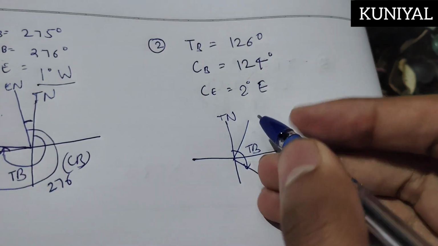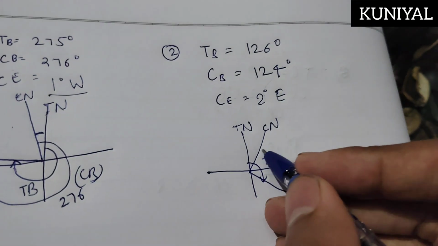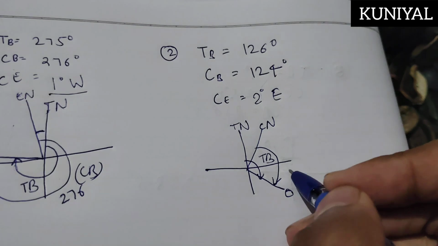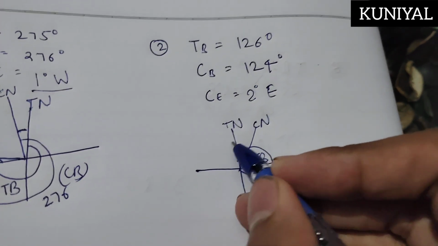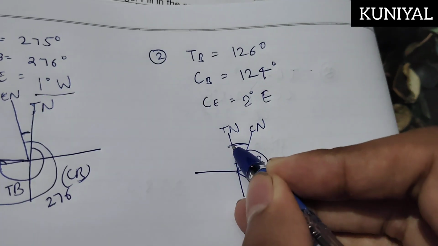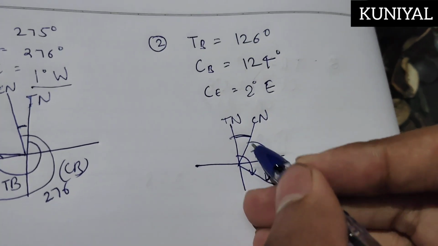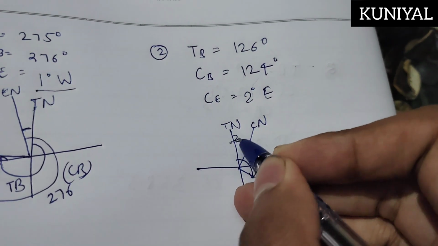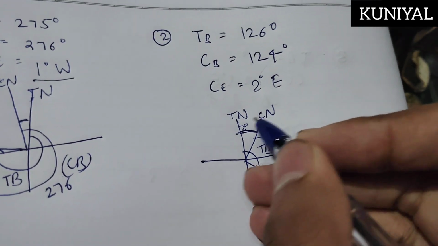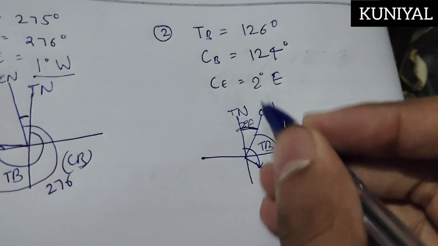Here is compass north, and this is the compass bearing. So what is compass error? The difference, or angle, between both of them. So it will be 126 minus 124, that is 2 degrees. And we know compass north is on the east side of the true north, so error will be 2 degrees east. Same like that.